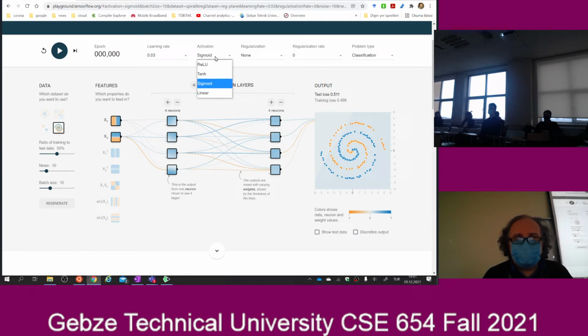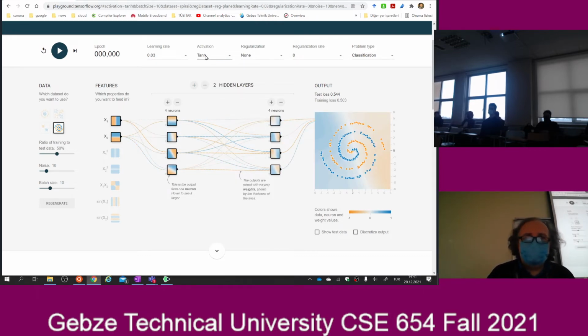And what kind of other activation functions do I have? Hyperbolic tangent, okay. This hyperbolic tangent changes from -1 to 1, and this ReLU changes from 0 to infinity. It's very simple, and linear is just linear, just to experiment with those. But for now, we are going to look at just the sigmoid. That's the classical one.